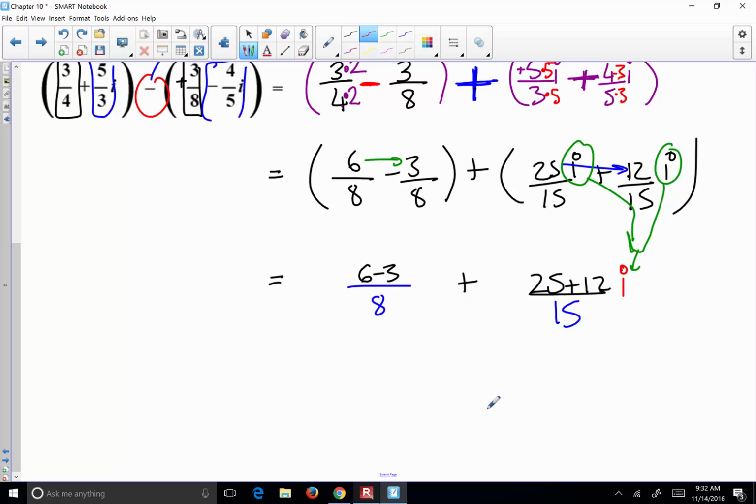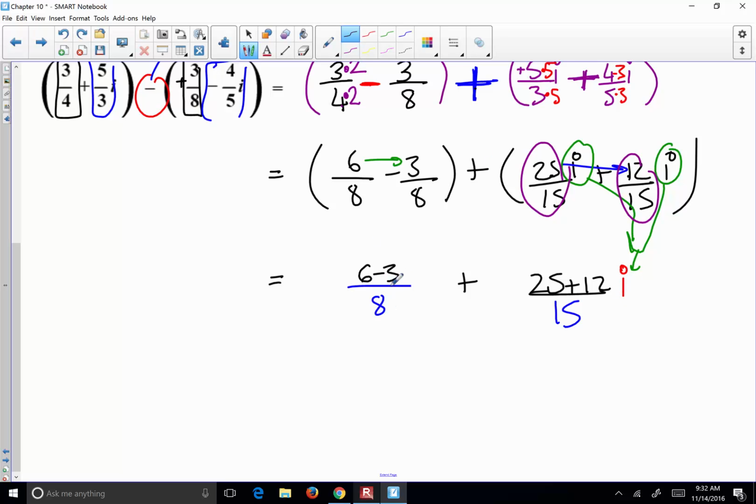Okay? You only add the numbers in front of the like terms, like x and x, 25/15 x, 12/15 x. You copy one x here. Or apples. 25 over 15 apples, 12 over 15 of an apple. So you copy one right here.